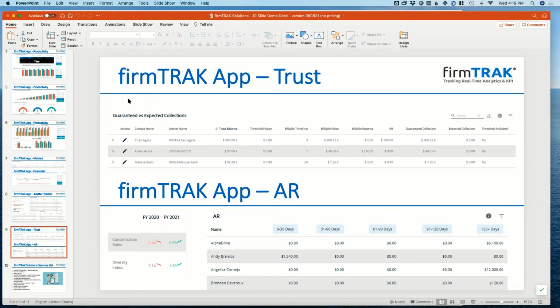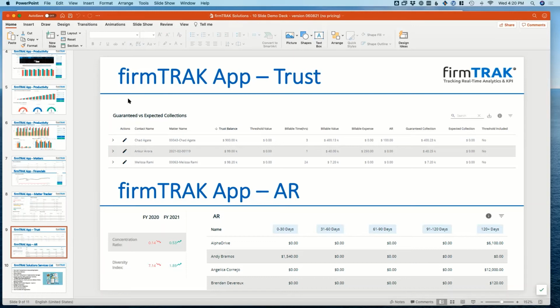So for example, in Chad Agate, there's a trust balance of $900,000 and the total work in progress, which is billable value, billable expense, and accounts receivable, is $400,230. We know that there's at least a trust balance of 900, which covers that. So the guaranteed collection in this particular case is 400,000.